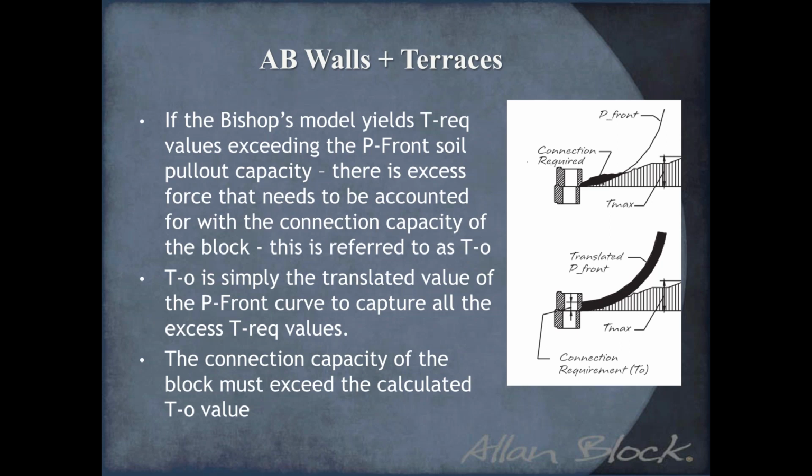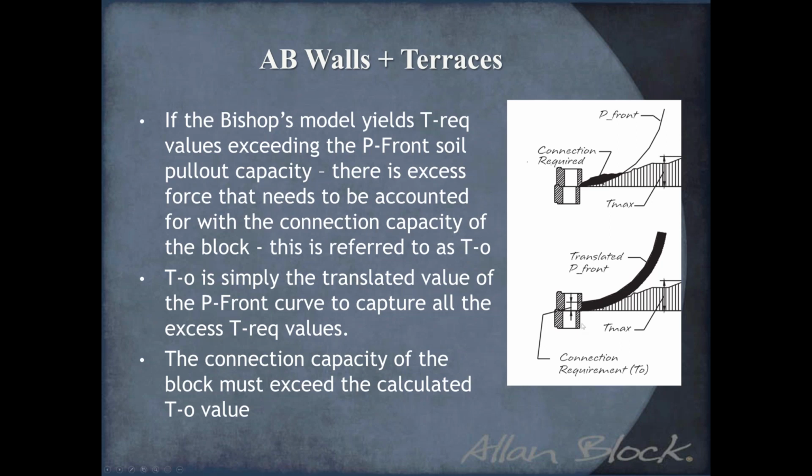So if there are any T required values that exceed the front end pullout capacity, their excess forces then are really what's considered the connection capacity. And Dove terms that T naught. So T naught is simply the translated value of the front curve to capture that excess T required value.